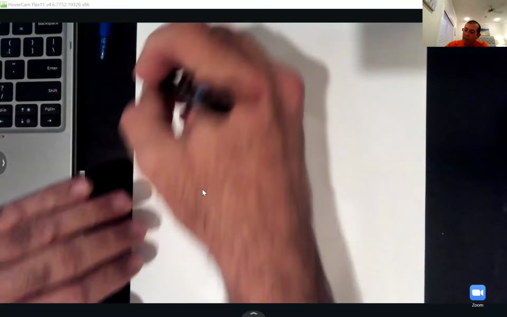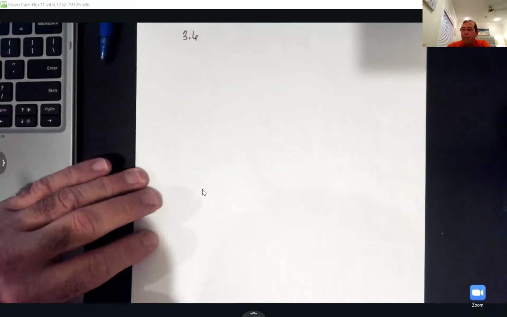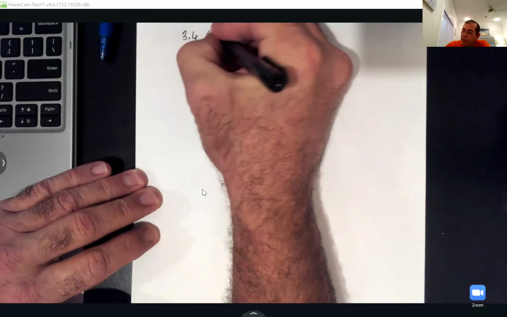All right, and 3-6 is 3-5 are the same things, except these are word problems, and we have to figure out what the equations are going to be, okay? So y'all, 3.6 is solving applied problems.